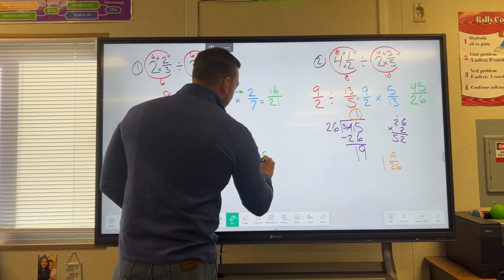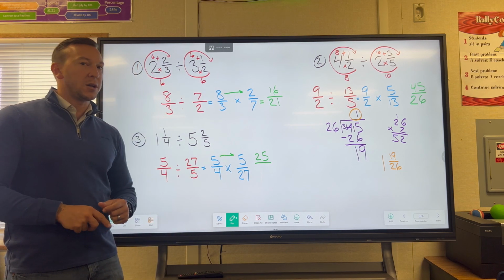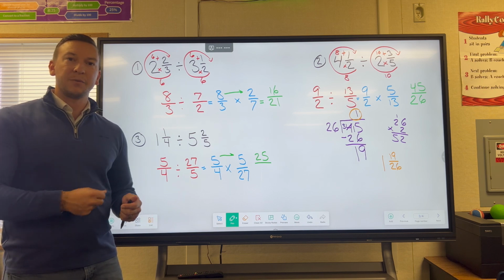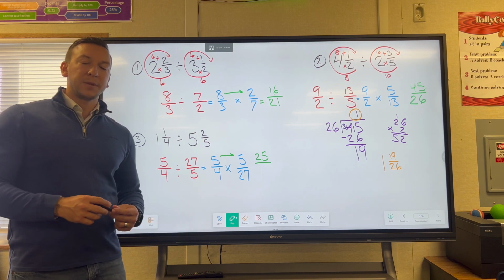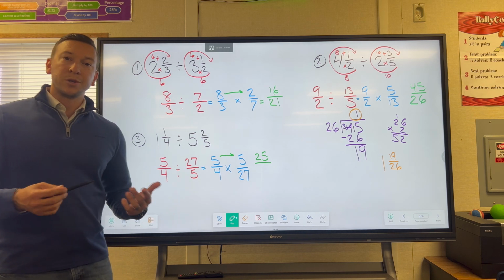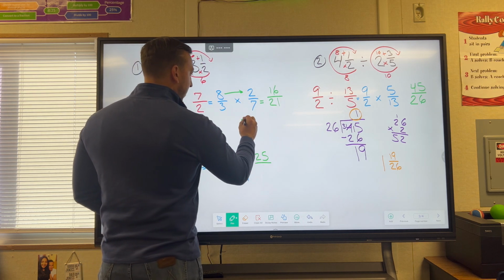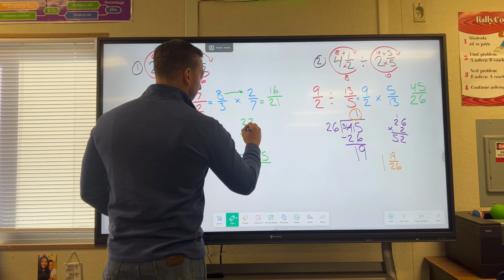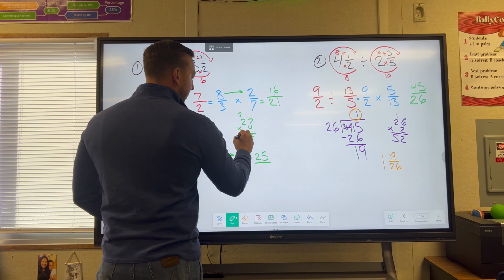Now, if you happen to know your multiplication facts really well, you can just look at this and go, oh yeah, 27 times 4, I know exactly what that is. But if you don't, feel no shame. Use your multiplication charts if your teachers let you, or do a little bit of math off to the side. Say, okay, well, what is 27 times 4? That's going to get me 28. 8 plus 2 is 10.